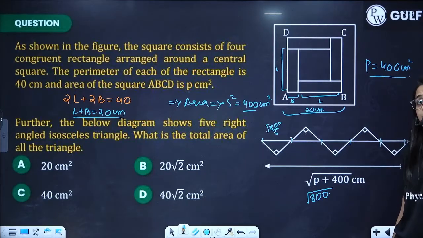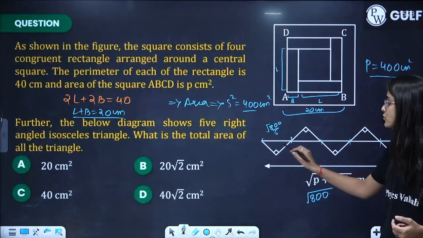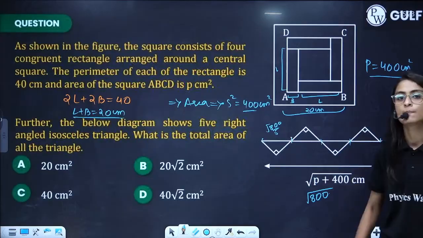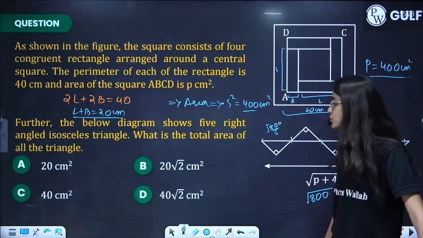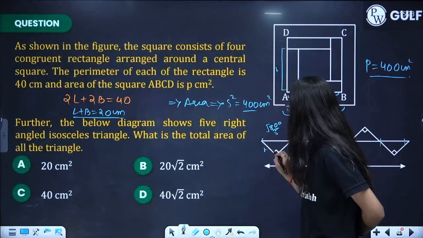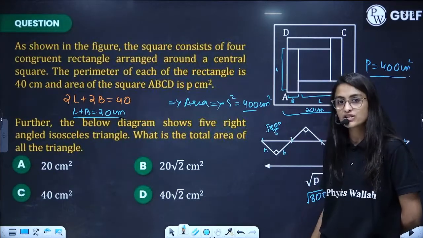Now I need the area. How to find the area, even if I do not know what the height and base are? Height and base are equal because it's an isosceles triangle. So if I take this as h, this would also be h.